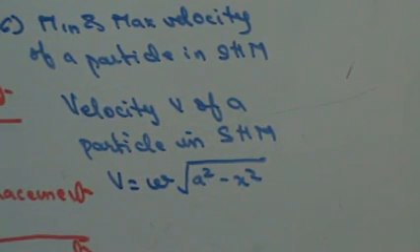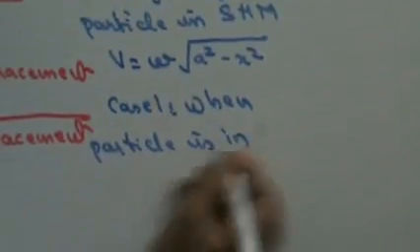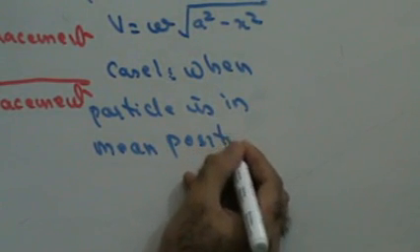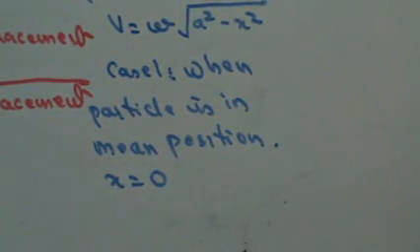Right? Now, let's consider the various alternatives. Case 1: when the particle is in mean position. If the particle is in mean position, then the displacement of the particle is going to be 0. It has not started moving as yet.